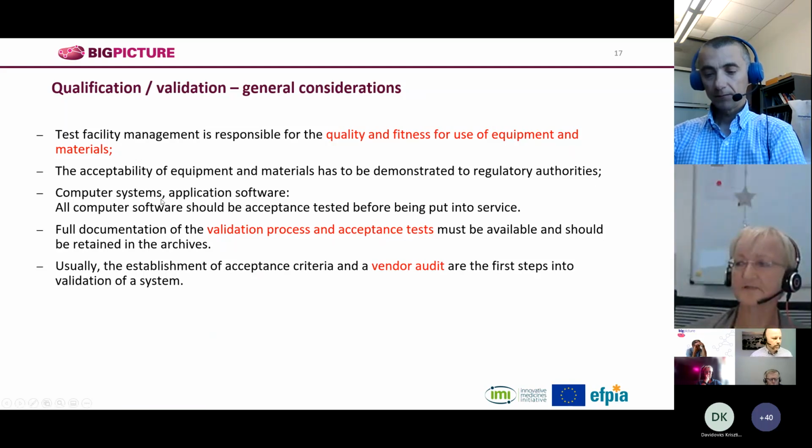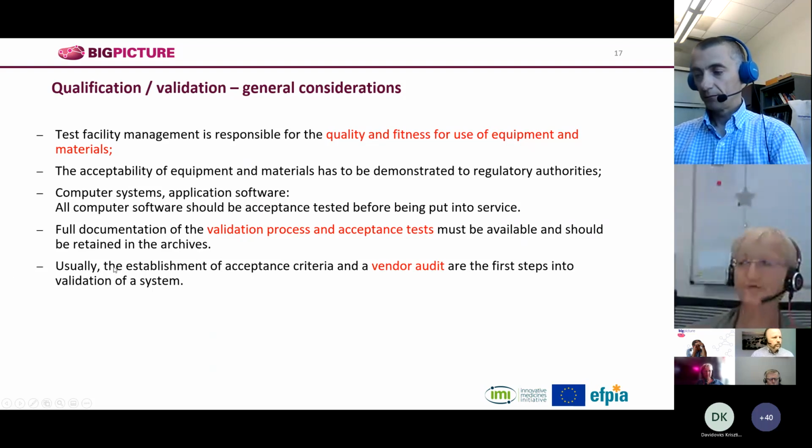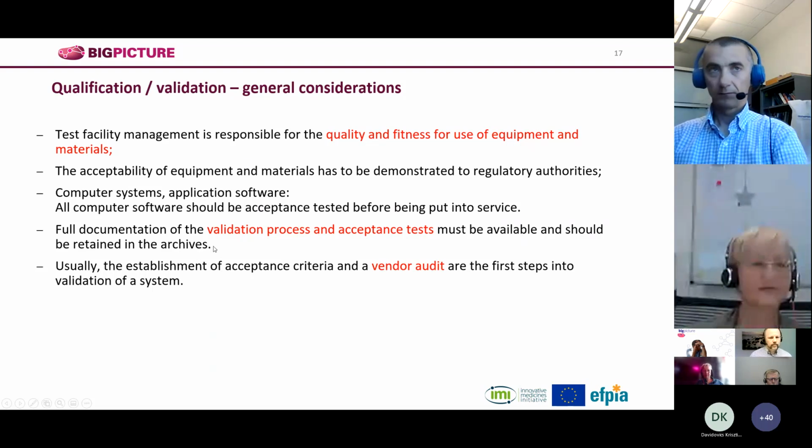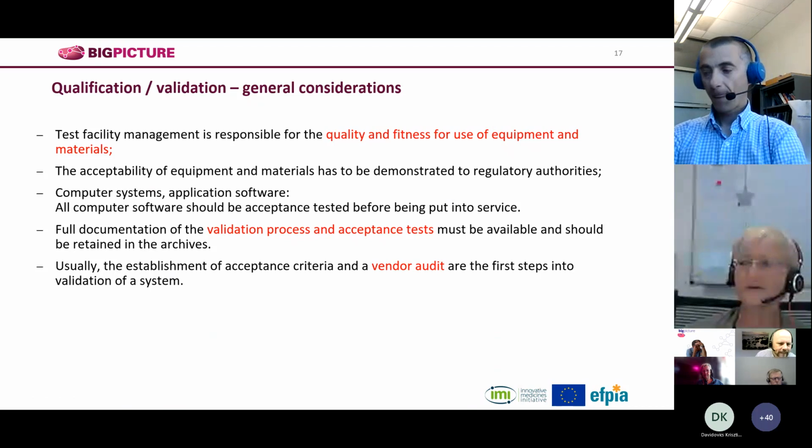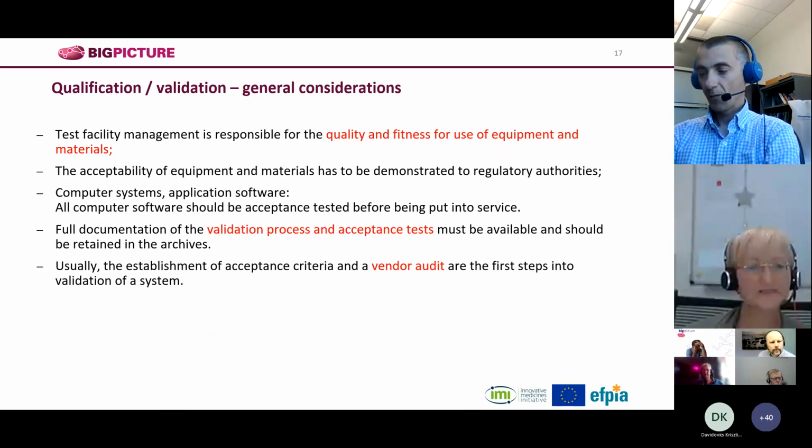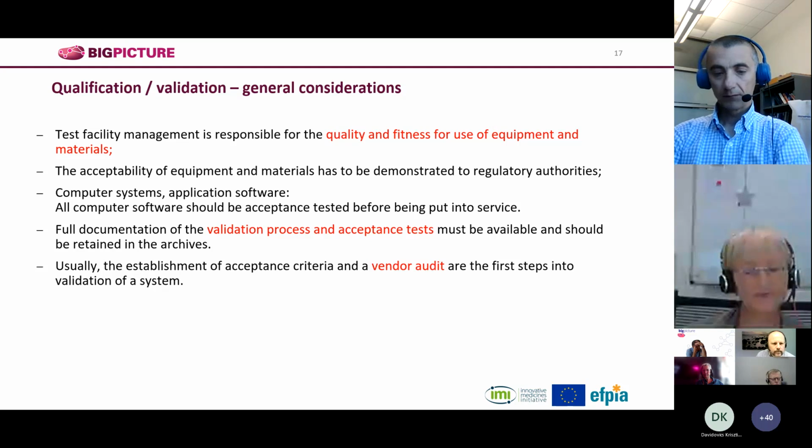For computer systems and software, all computer software should be acceptance tested before being put into service. Then a full documentation of the validation process and acceptance tests must be available and should be retained in the archives. And usually the very first steps before validating equipment are to establish acceptance criteria.